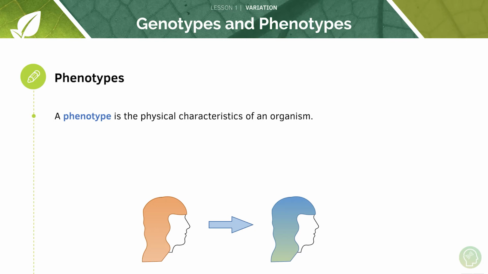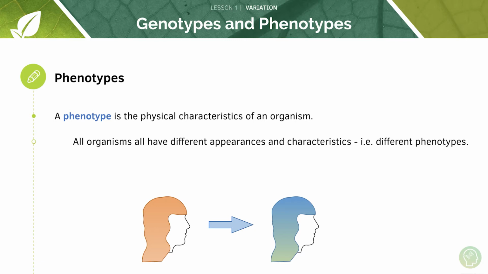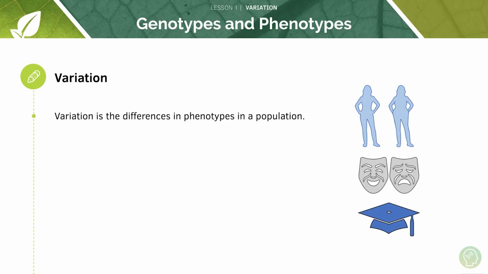And so the phenotype is a result of the genotype, but also a result of the environment. So it's a combination of both the genetics and the environment that gives the phenotype. So all organisms have different appearances and characteristics, i.e. different phenotypes. And as I said, it's determined by environmental and genetic factors.